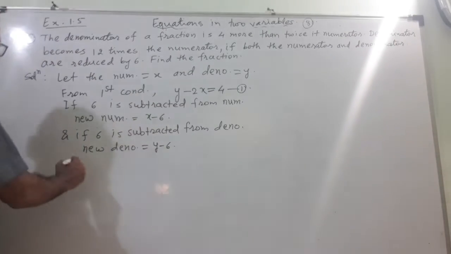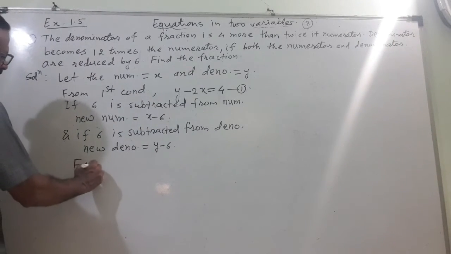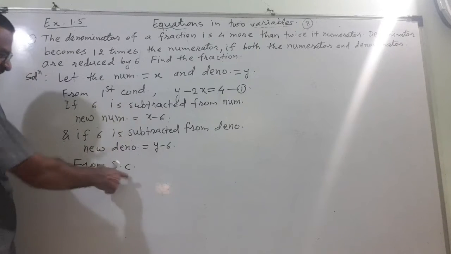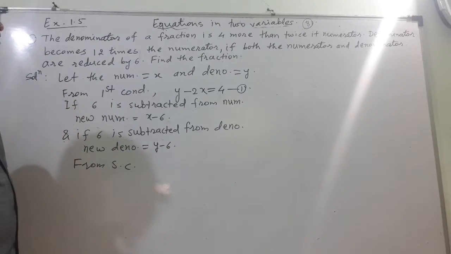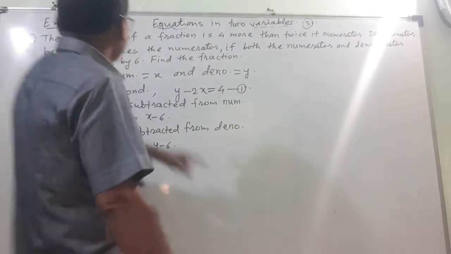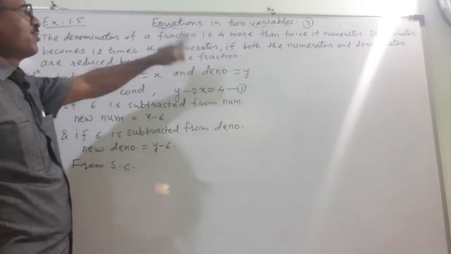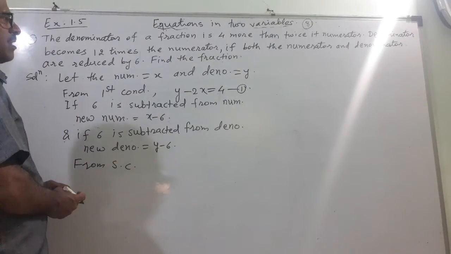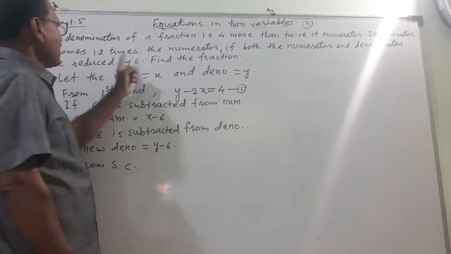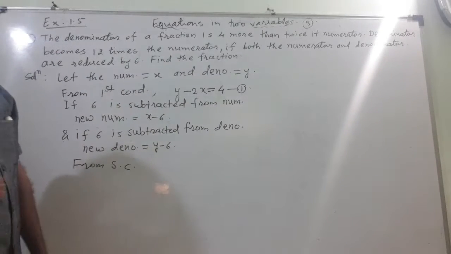Now the second condition, SC means second condition. What is that? Denominator becomes 12 times the numerator if both are reduced by 6. Reduced by 6 means 6 is subtracted.